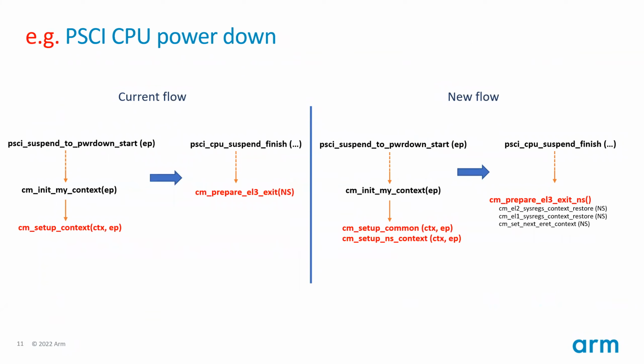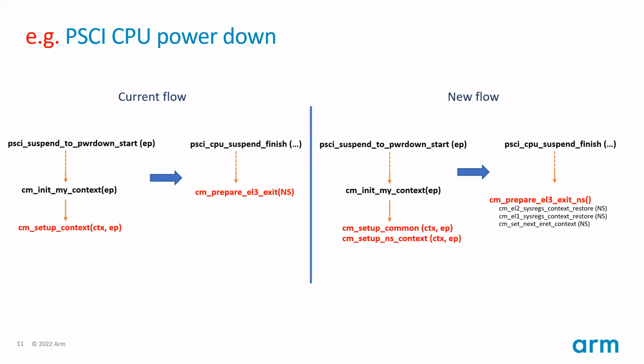Yeah, so this is just to show you an example usage of the new proposed function. So this is for the PSCI CPU power down case, or during warm boot.